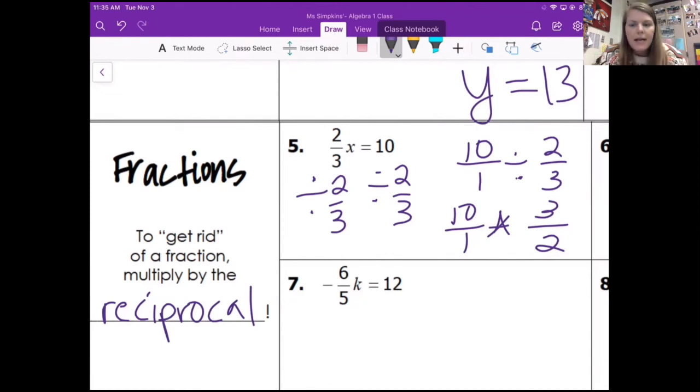Okay, so type a 10. And then hit division, Lauren. Then hit an open parenthesis because you have to make parentheses for the fractions on that calculator.